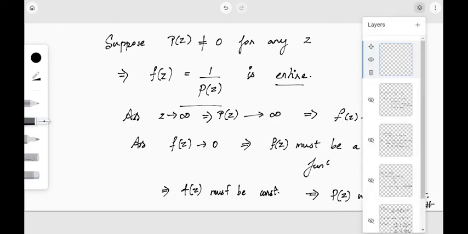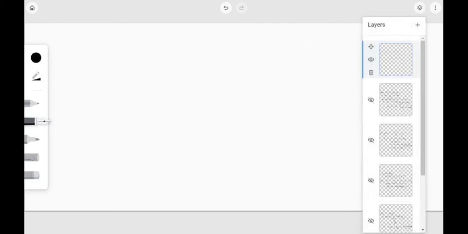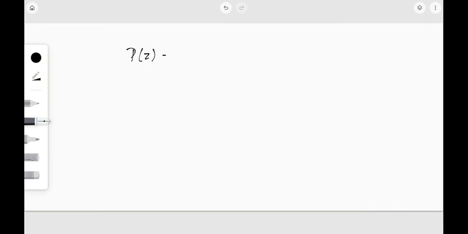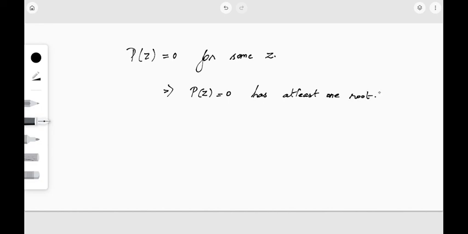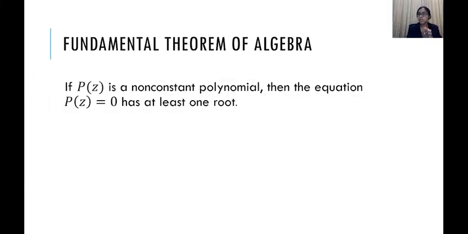Therefore I can conclude that p of z is equal to 0 for some z in the complex plane, right? So this implies p of z equal to 0 has at least one root.